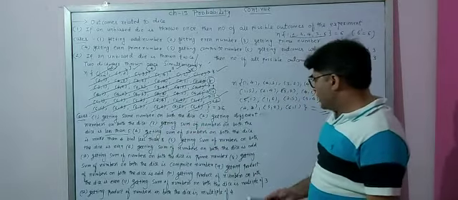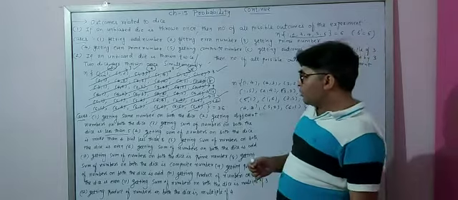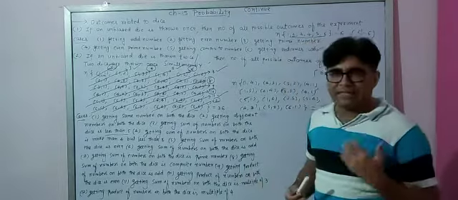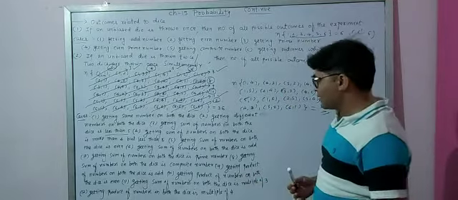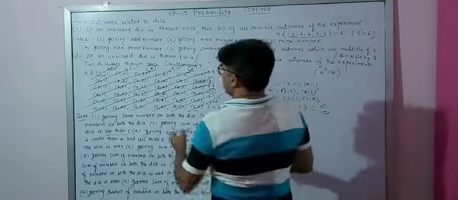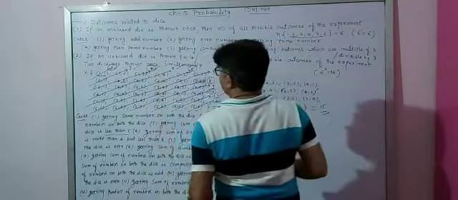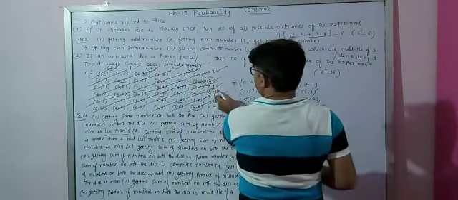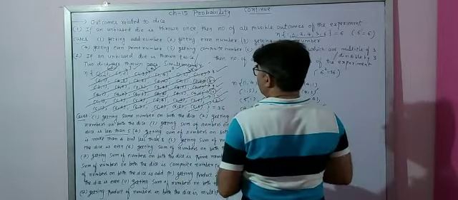Now 8th case, getting sum of number on both the dice is composite numbers. So what do you mean by composite number? Which is having more than 2 factors. So composite numbers 4 will be there, 6 will be there, 8, 9, 10 and 12.